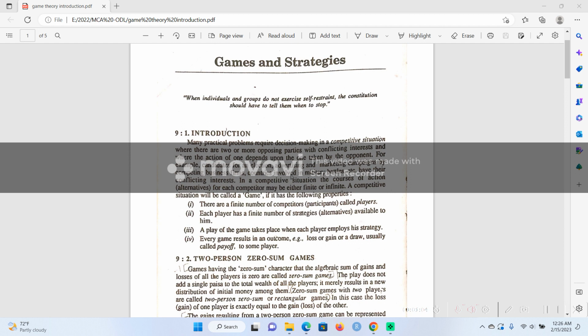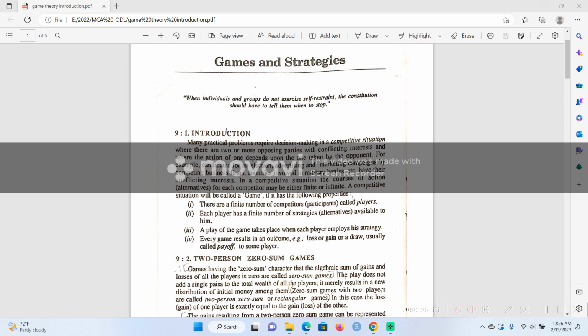Similarly, countries involved in military battles. If one country is going with a certain type of weapons, based on that the opposing country also selects some kind of weapons. So the selection of a strategy by one player depends on the selection of the strategy of the other player.